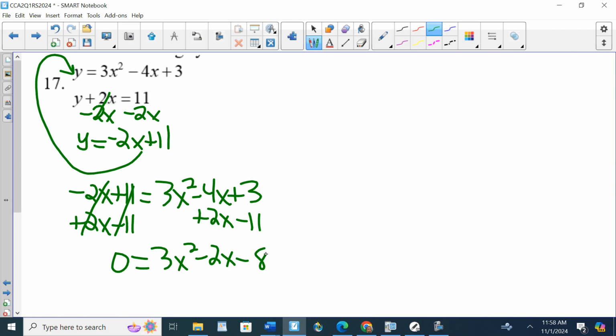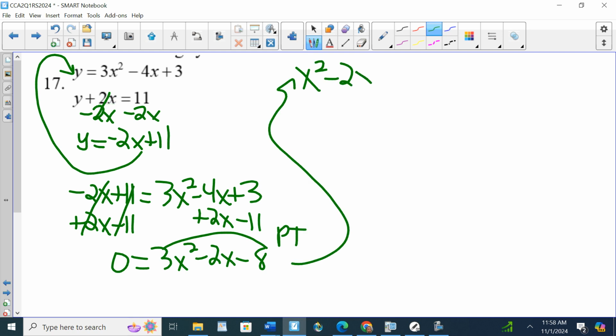Party time. GCF. No. 3 terms. Trinomial. Tricky trinomial. Yes. X squared minus 2x minus 24. X minus 6, x plus 4. Pay the toll. Divide by 3.